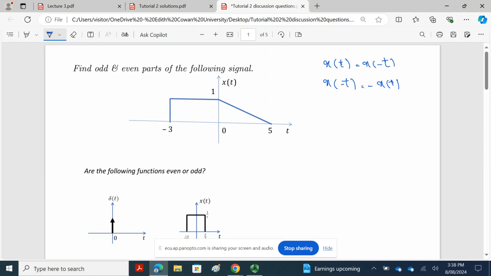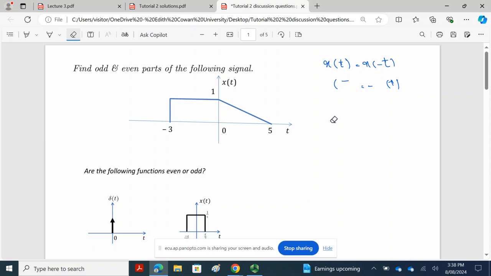Now, a signal is made of both odd and even parts. Looking at this signal, for example, it's neither symmetrical about the y-axis nor the origin, right? So we can say it's made of an odd part and an even part. If you mix those, you should get this signal. The question asks us to find these two parts of this signal.